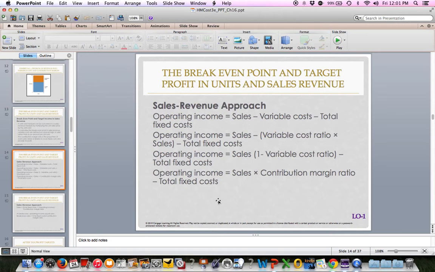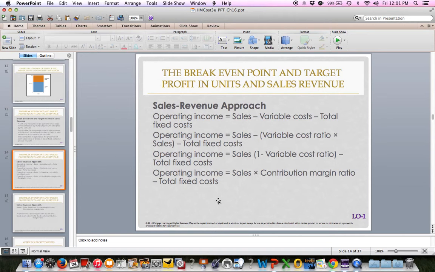As long as I have my contribution margin either as a dollar amount or as a percent, I can use that to compute my break-even in terms of units sold, or my break-even in dollars of revenue, or my target operating income the same way.